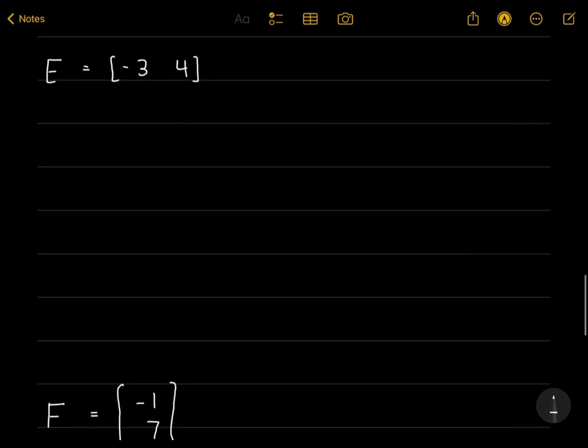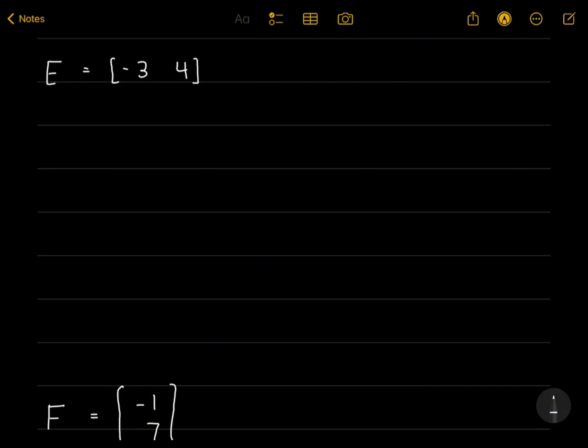Next part, E. E is -3 and 4. Order of E is 1 row. We don't have another, of course. So order of E is 1 row into columns 1 and 2.